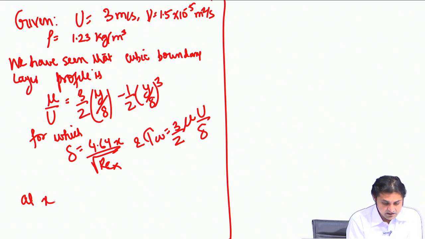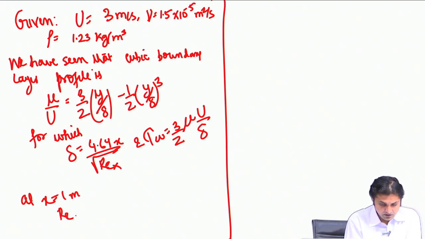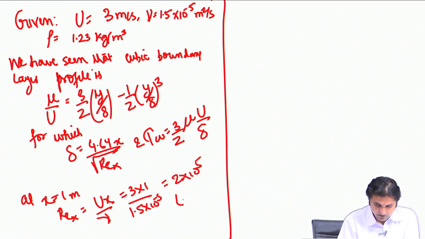So at x is equal to 1 meter, Reynolds number at x is going to be Ux by nu. So 3 into 1 divided by 1.5 into 10 to the power minus 5, and this is going to be 2 into 10 to the power 5.